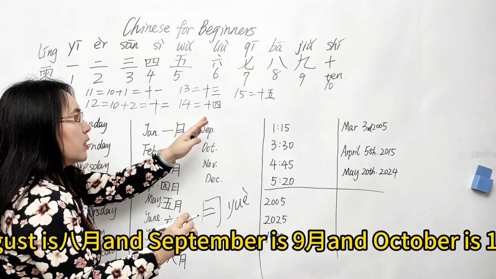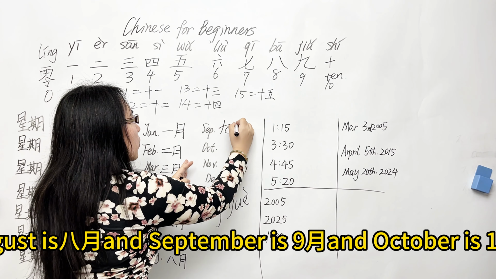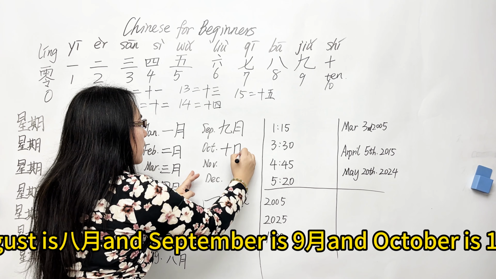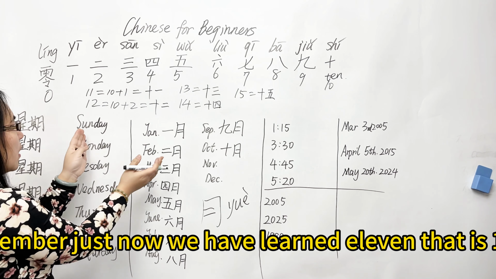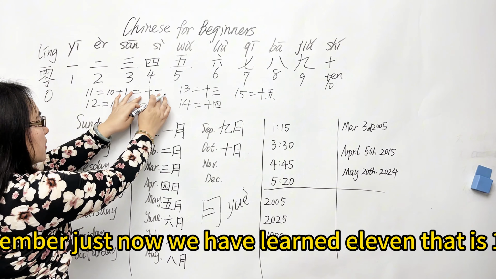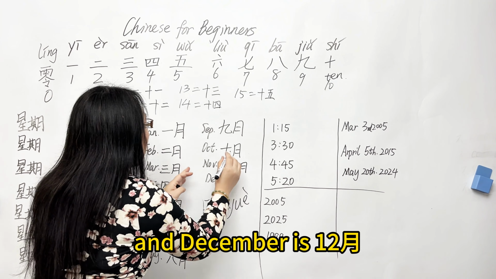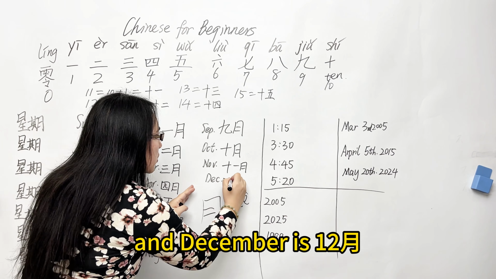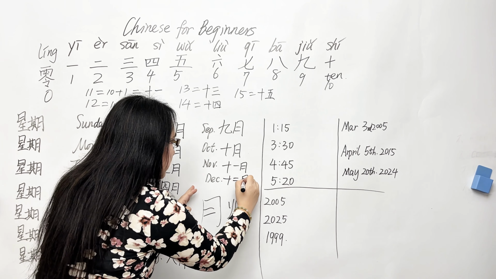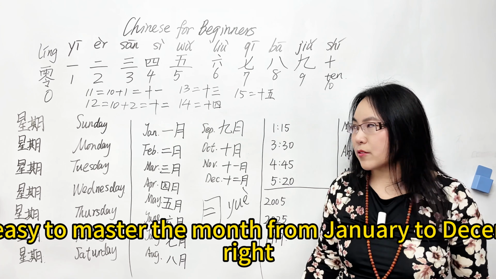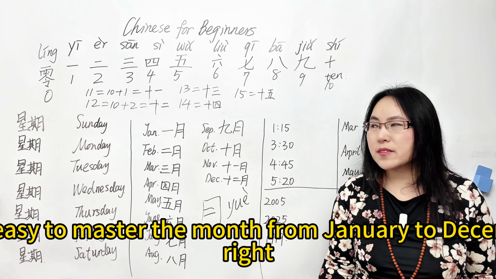And September is 九月. And October is 十月. November, just now we have learned 11, that is 十一月. And December is 十二月. Very easy to master the months from January to December, right?